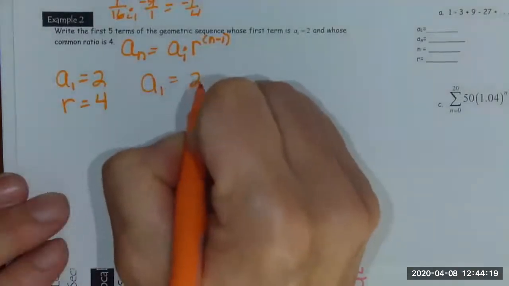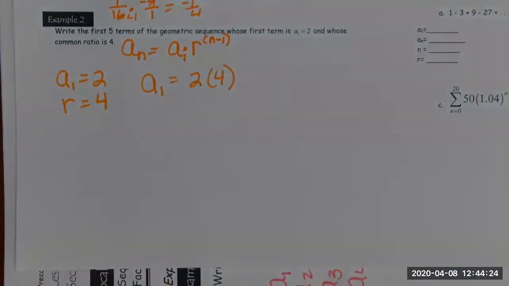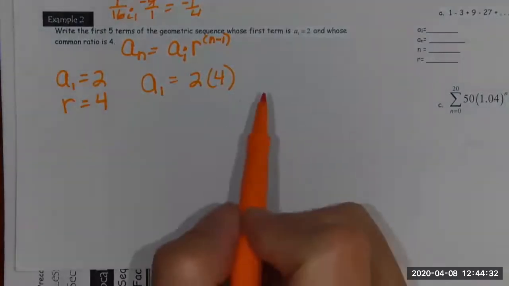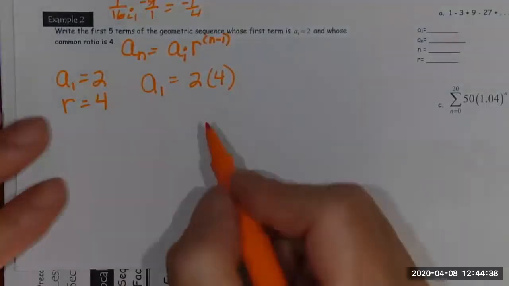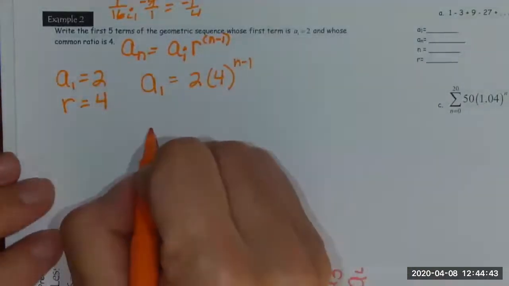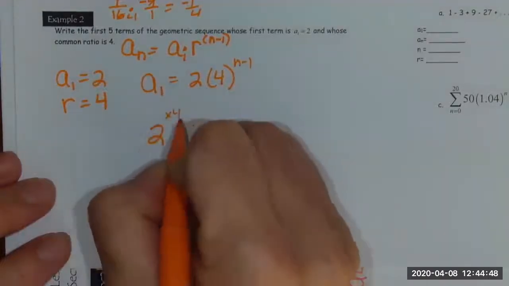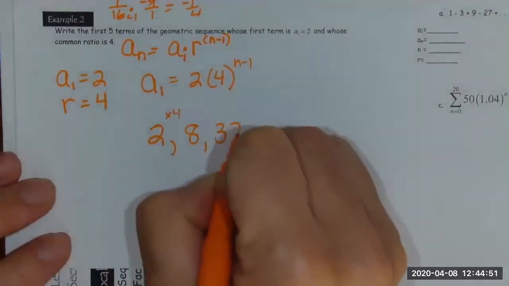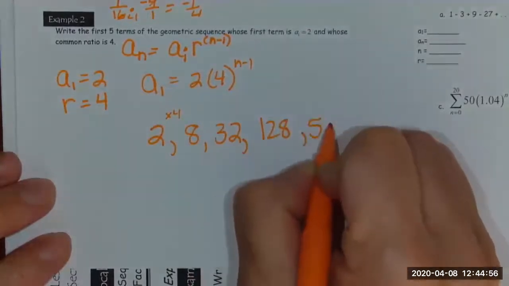A1 equals 2 times 4, right? And we can figure that out, but we can also put it in just to find number 1, and as soon as we find 1, we don't really need to do all that because we know that the first term is 2 and the common ratio is 4, so 2 times 4 is 8, times 4 is 32, times 4 is 128, times 4 is 512.